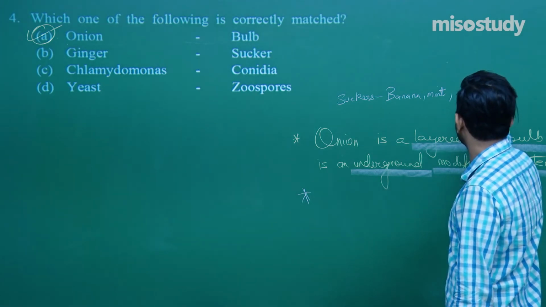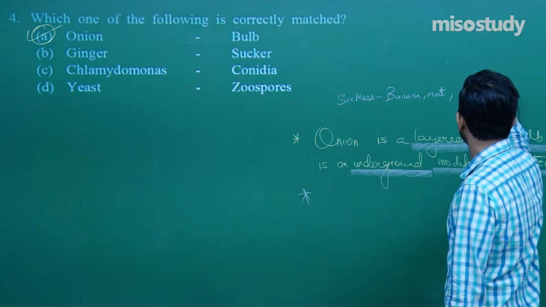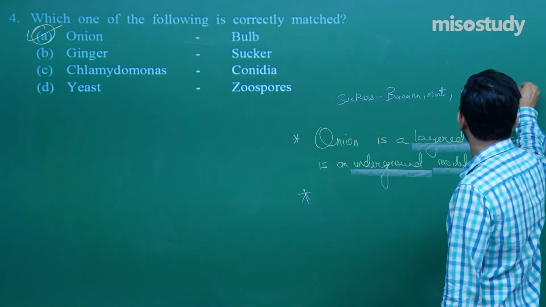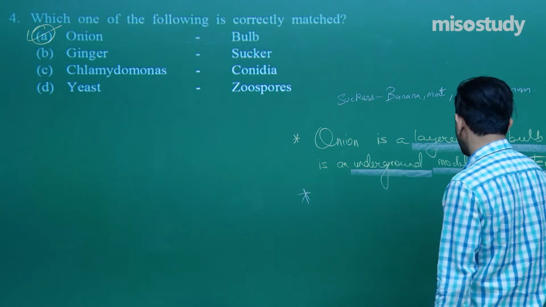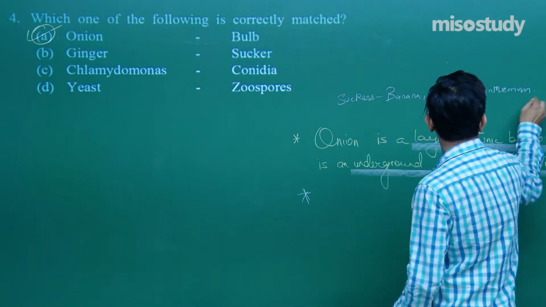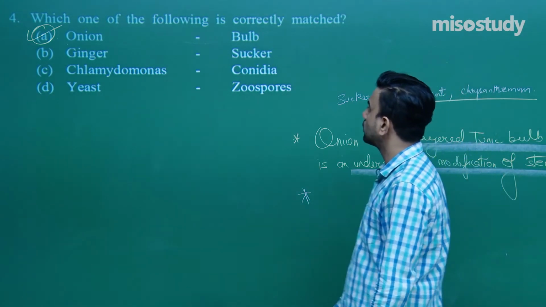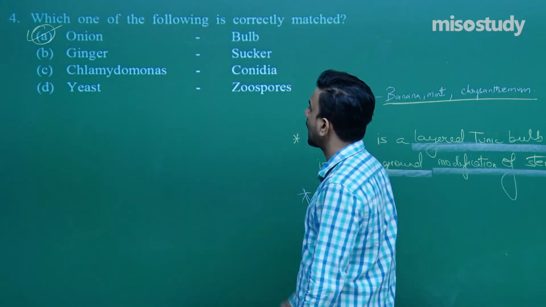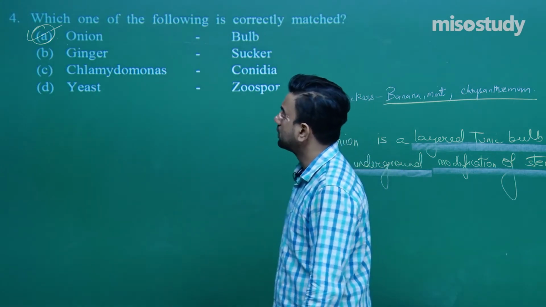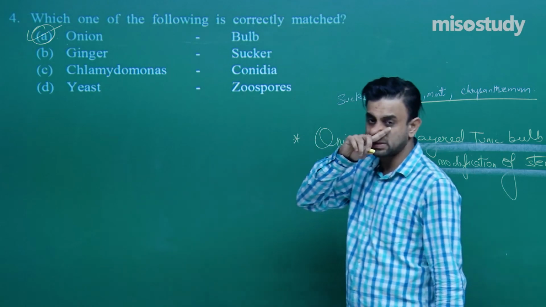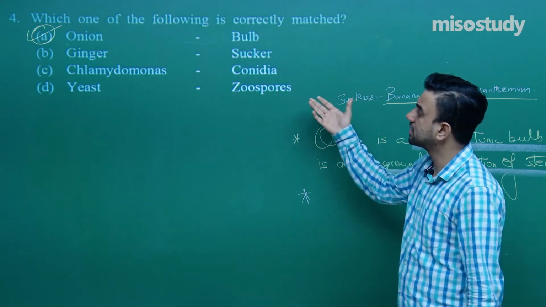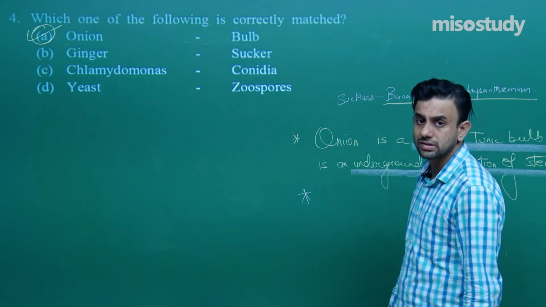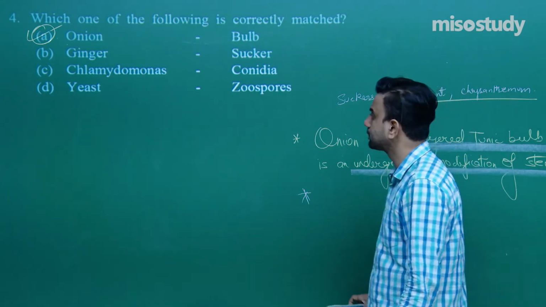Chlamydomonas, and the yeast. The yeast are the unicellular fungus. So the correct option is the onion, which is a layered tunic bulb.